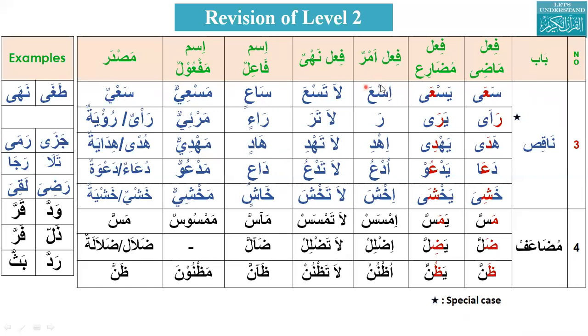Thank you, Ibrahim. Ashar Bhai, would you please explain Bab Naqis? Assalamu Alaikum. Wa alaikum assalam. Bab Naqis has 4 cases. Sa'a, Yas'a, Sa'a, Sa'au, Sa'aita, Sa'aitum, Sa'aitu, Sa'aina.